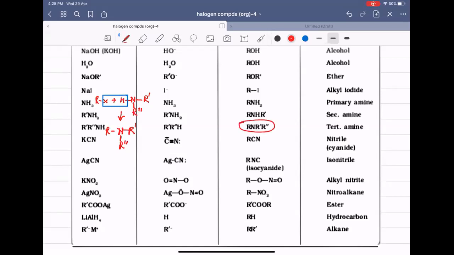So these are all derivatives of ammonia, and it is very easy to understand how to get products. Very, very simple, right? As I've told you, the problem comes when you have KCN, AgCN, KNO2, and AgNO2. So let us go back and find out what happens here, right?